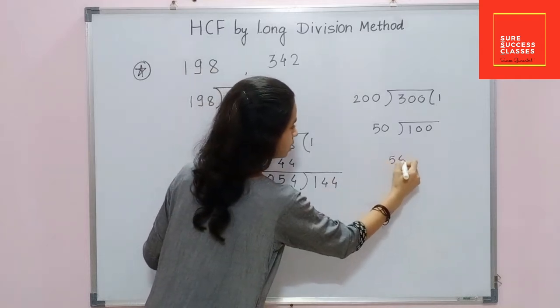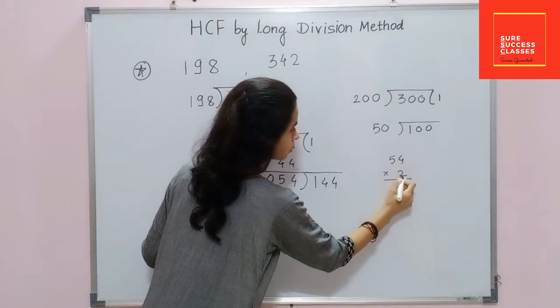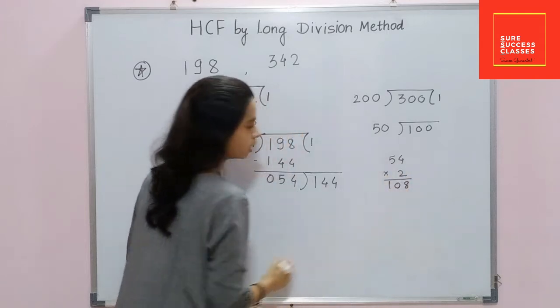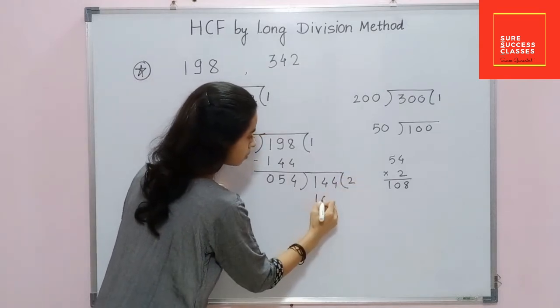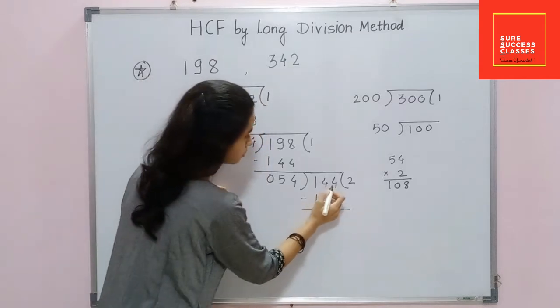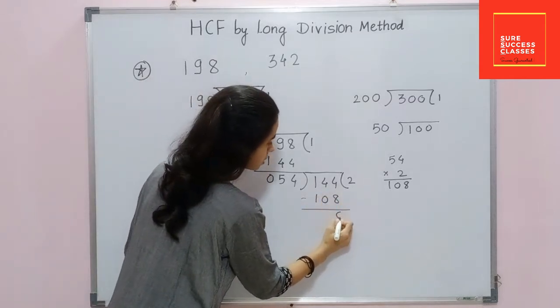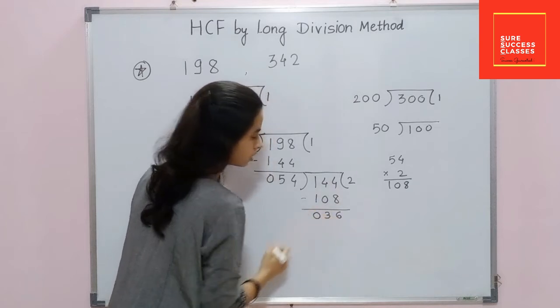So we will check it in this way. 2 4s are 8, 2 5s are 10, 108. We will write 2 as a quotient and subtract 108 from 144. 14 minus 8 is 6. 3 minus 0 is 3. 1 minus 1 is 0.